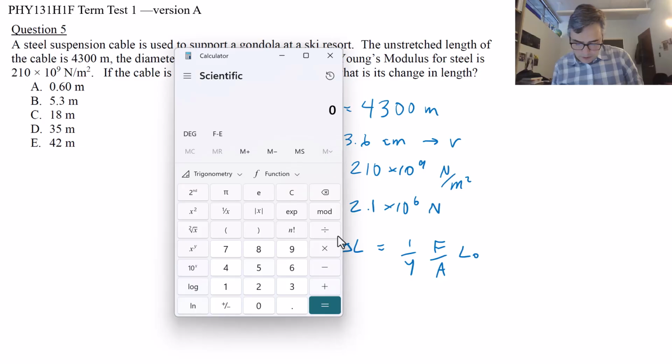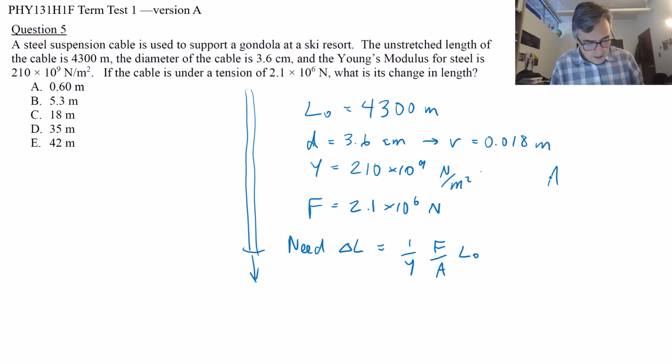So the first thing I would note is that if the diameter is 3.6 centimeters, you divide that by 2 to get the radius. Let's not forget that. And then also let's divide by 100 to convert centimeters to meters. So 0.018 meters. And the area of a circle, I assume this is a circular cross-section here, is pi times r squared.